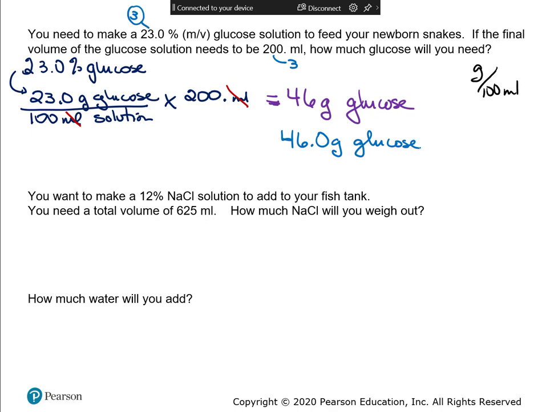Would it be wrong, or why would it be wrong to multiply 23% by 2 because you're doubling the solution? Well, you could. I mean, if you're thinking of it that way, yeah. But that's still the same thing as saying 23 times 200 divided by 100. And then I've had some students say, like, well, why can't you just move the decimal from 23 to 0.23? Yeah, you could do that too. That's fine.